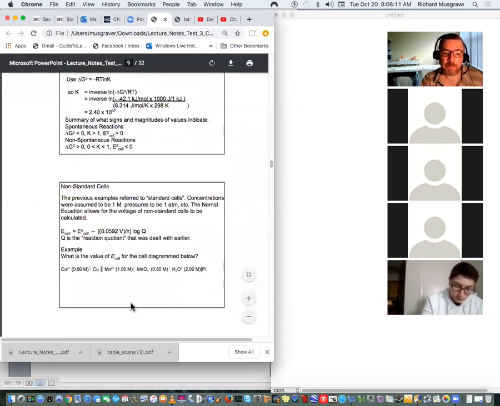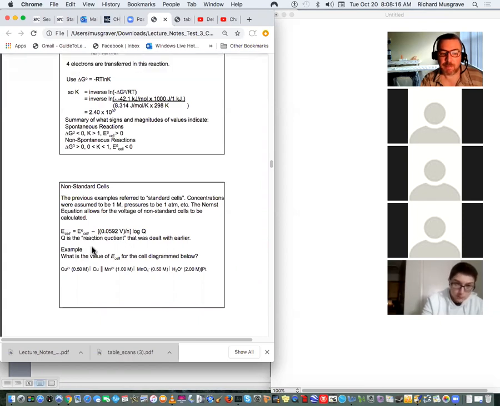Now, if you look at the Nernst equation itself, it's actually not as complicated as it might look. It's based upon E naught cell. So you do need to find E naught cell first, which means you need to find what the voltage is under standard conditions. And then the rest of this is what I would call a modifier, a correcting factor, that allows you to say what's the difference between the E naught cell value and the E cell value, and that would be whatever is over here.